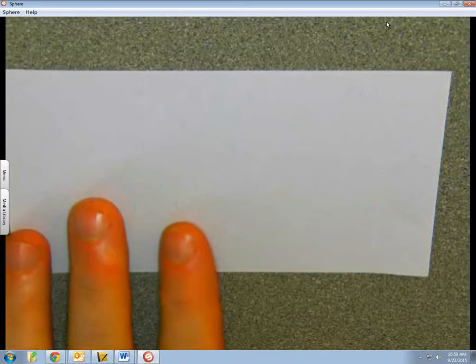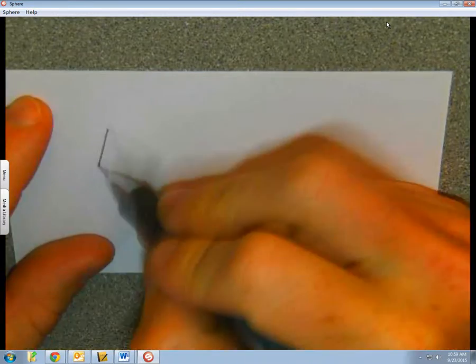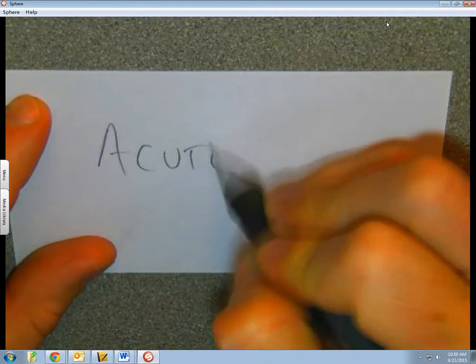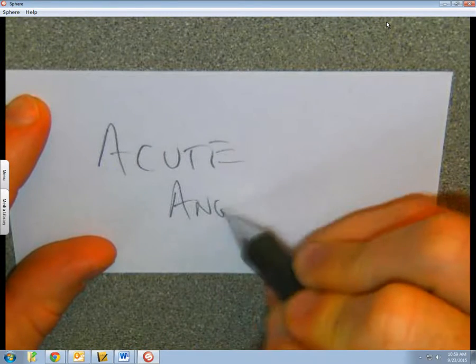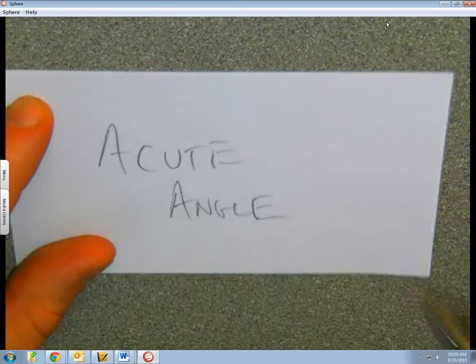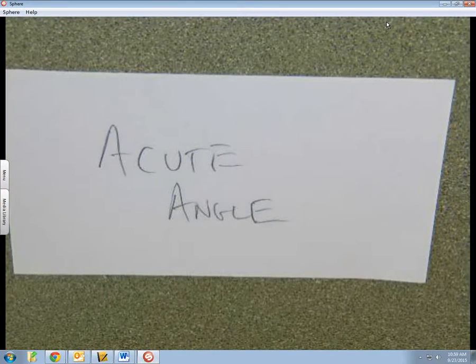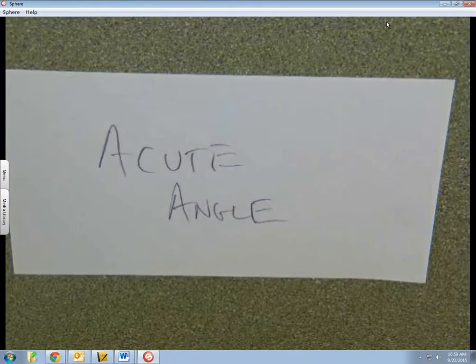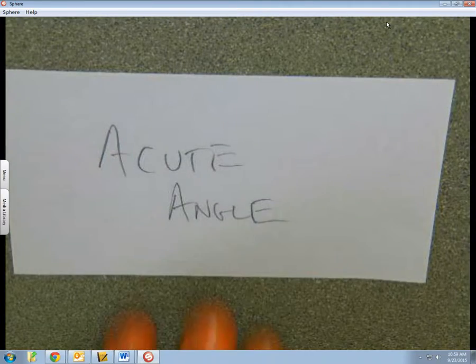So first one is acute angle. Alright, and then I'm going to construct a couple acute angles.